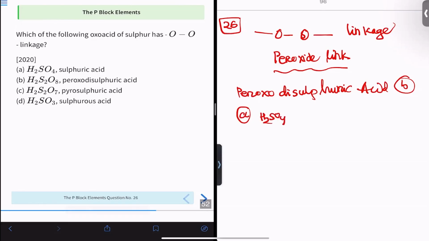If I draw the diagram for H2SO4, this is my diagram. Does it have any peroxide linkage? No. So option A is ruled out. Option B is H2S2O8. If I draw the diagram for H2S2O8, it will be like this.